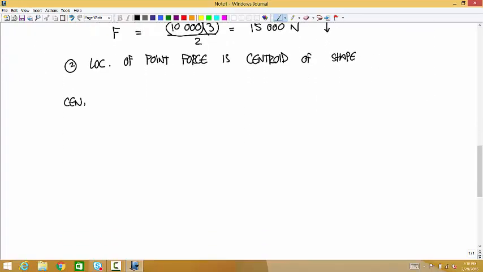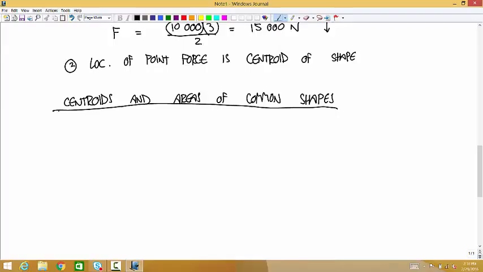Okay, so centroids and areas of common shapes. The first one is a right triangle. If this is B, this is H, and there's the centroid.